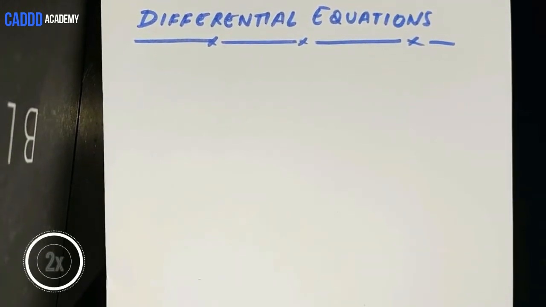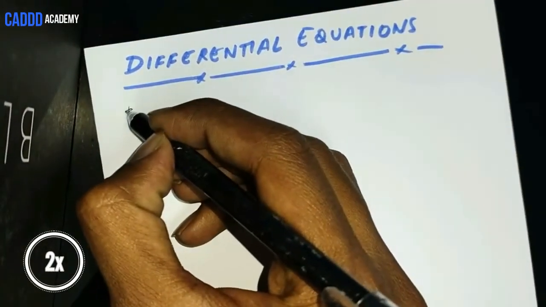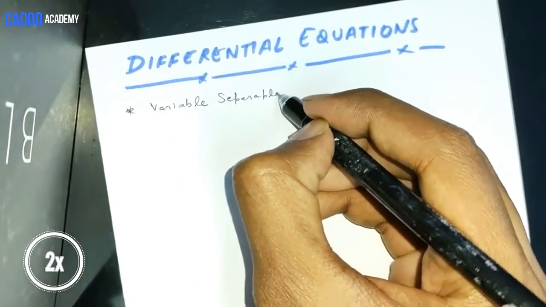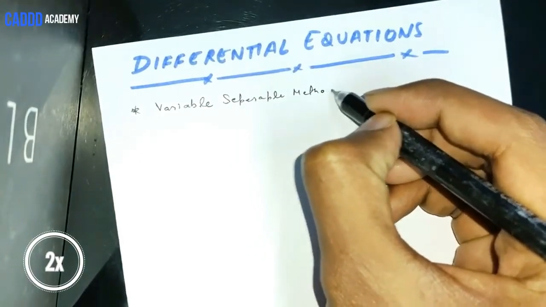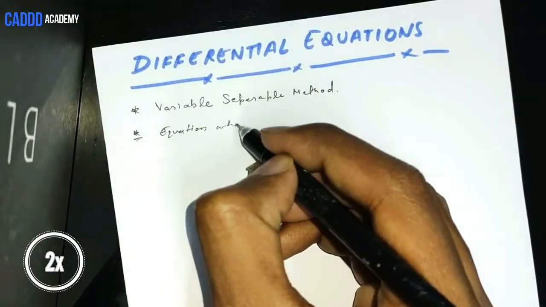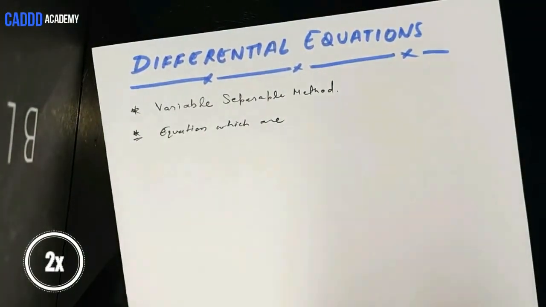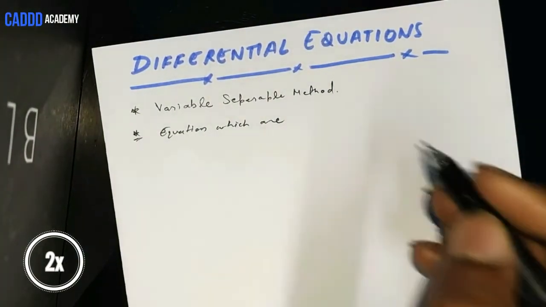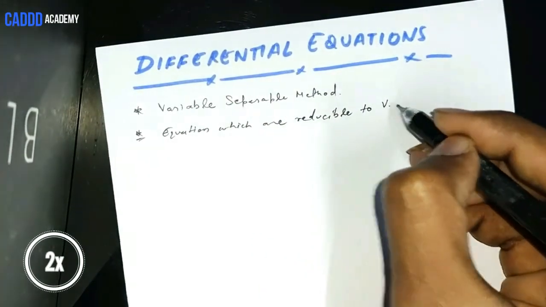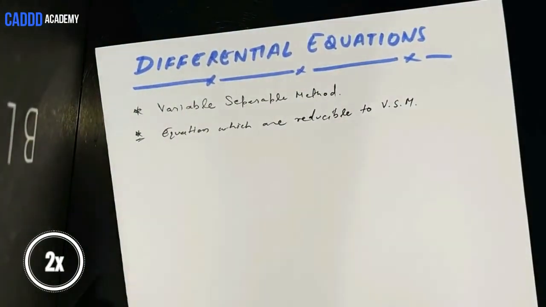Types of the differential equations which we will cover in this lecture will be, first of all, the variable separable method, okay? And second one, equations which are reducible to variable separable method, okay?